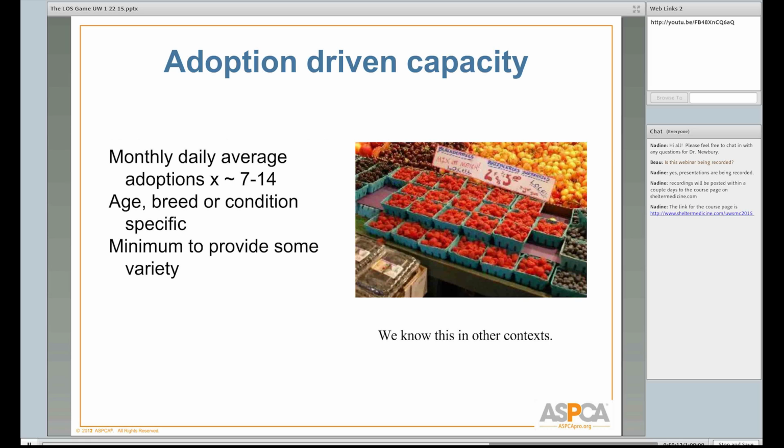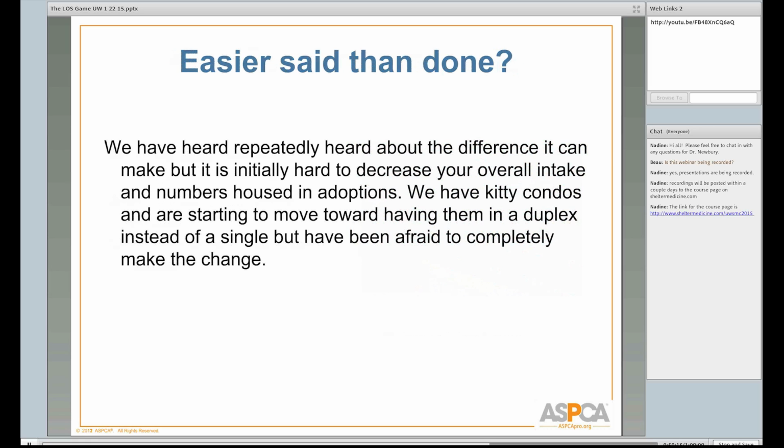This is one of those fundamental things, and it's the reason that I cover this every single year in the course, because so many of the things you're going to hear after this depend on you believing that it's true: that the longer animals stay in a shelter, if it's unnecessary time, the more risks there are to that individual animal and the more risks there are to the population as a whole.